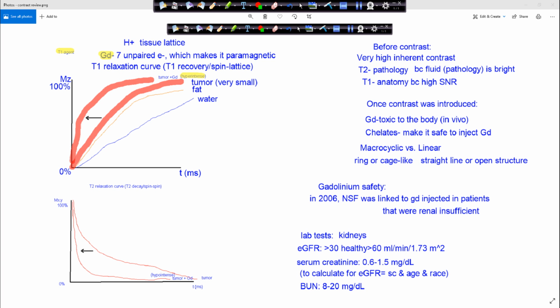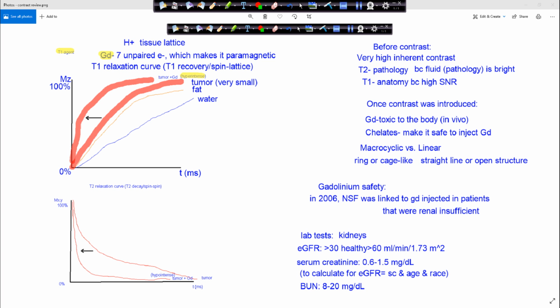These 7 unpaired electrons interact with the tissue lattice. Remember, the tissue lattice has those hydrogen protons, which is protium, which is the isotope we use in MRI. These unpaired electrons cause water to slow down its tumbling rate. And anytime we are slowing down the tumbling rate, it's getting closer to our precessional frequency.